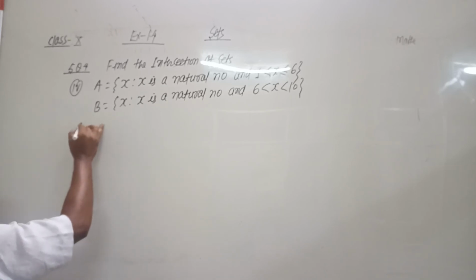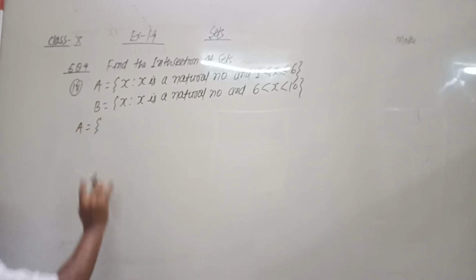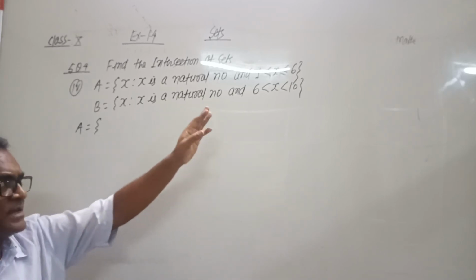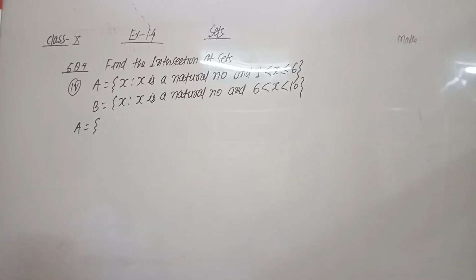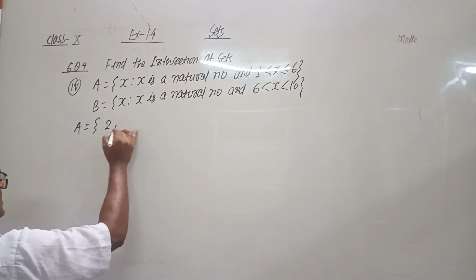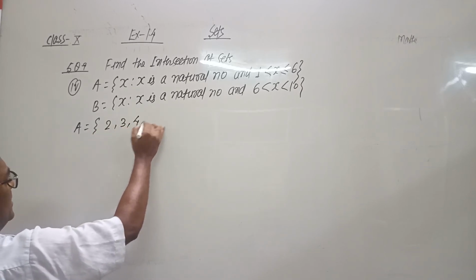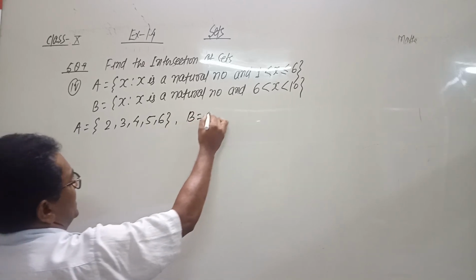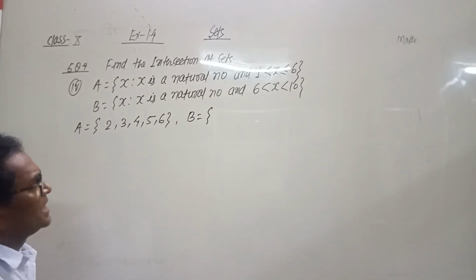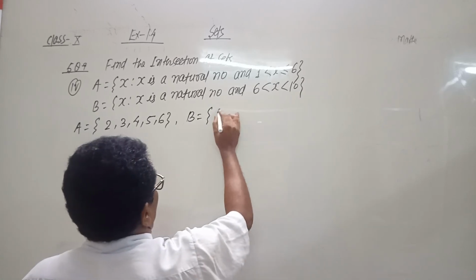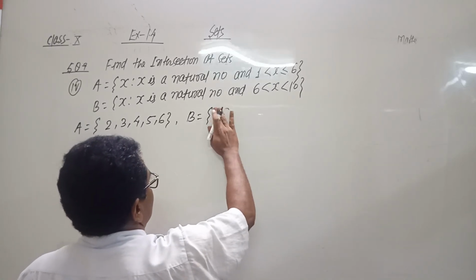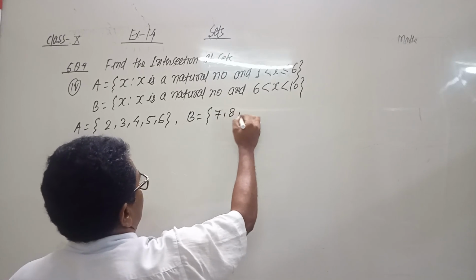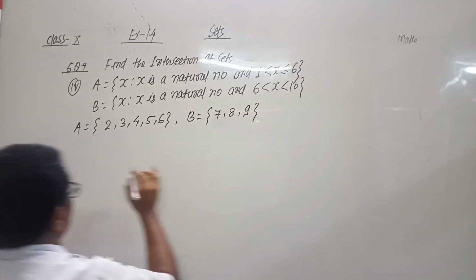So we write the sets in roster form. Natural numbers lie from 1 to 6 where 1 is excluded and 6 is included. So we start from 2: 2, 3, 4, 5, 6. Then set B, natural numbers lie from 6 to 10. So 6 is excluded, so 7, 8, 9. 10 is also excluded.